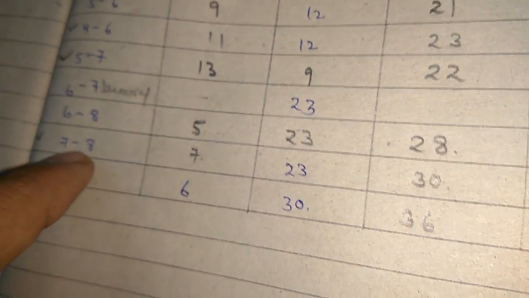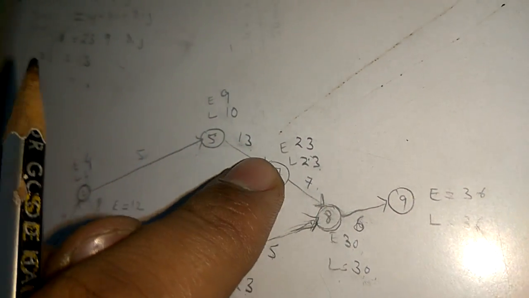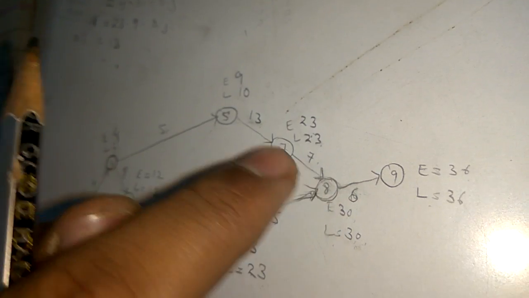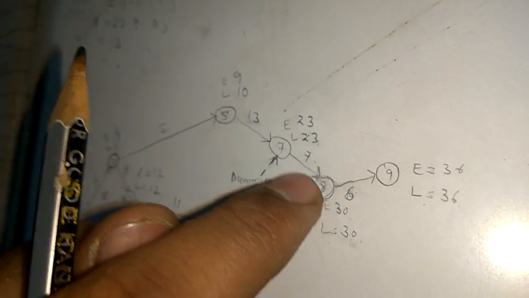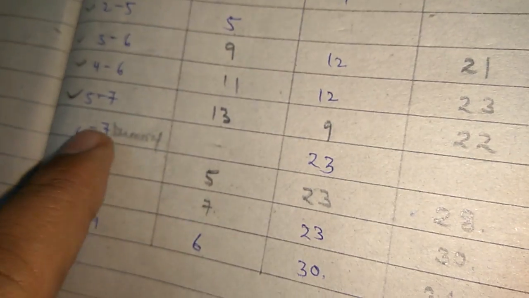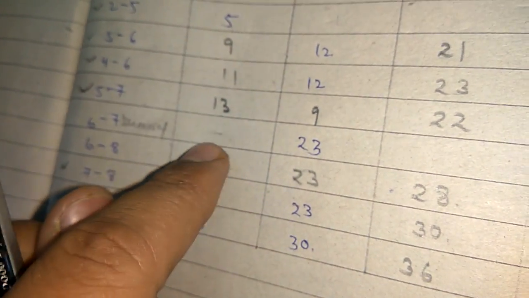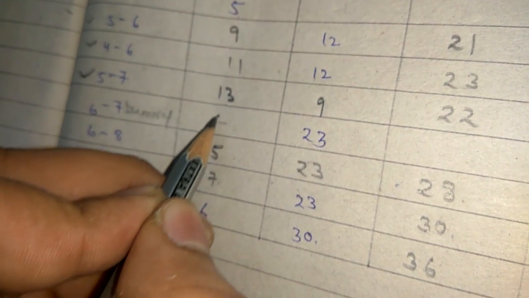Between activity 7 to 8, what is the value of Lj? Lj is 30. Between 6 to 7, this is a dummy. For a dummy arrow, Dij will be 0.